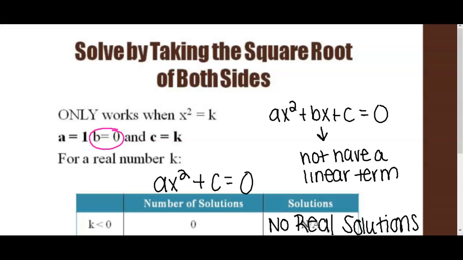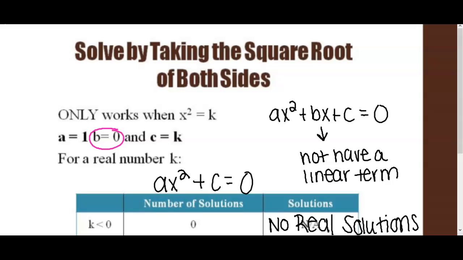All right, so I told you this only works in certain cases. It only works when the B value is 0. So it needs to be ax squared plus c. You cannot have a linear bx term.